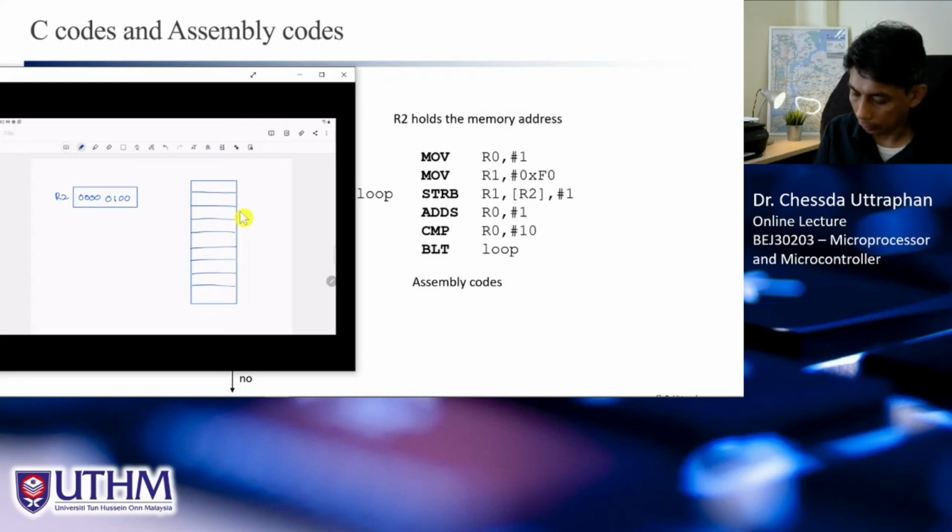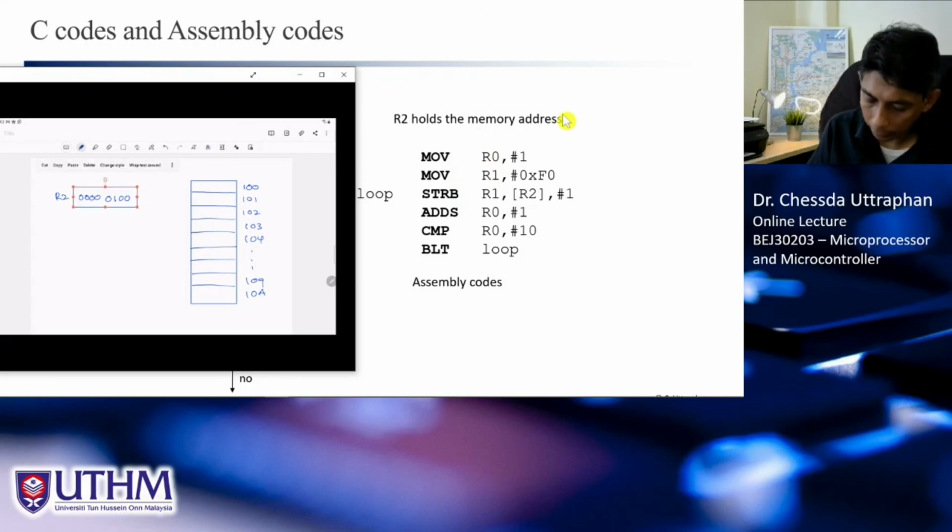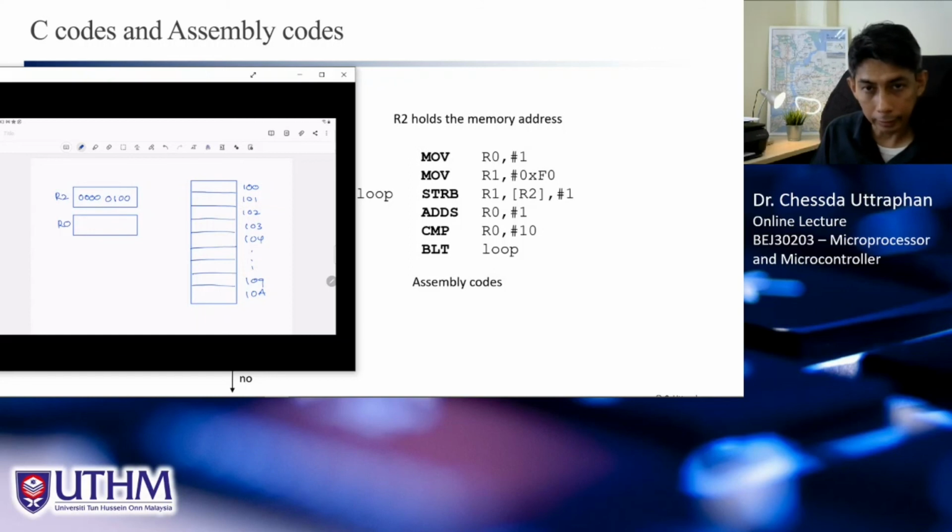This is location 100, 101, 102, 103, 104, until we have 109. Let's say 109 is here, 109, 10E. Okay, and we have R0 and R1.